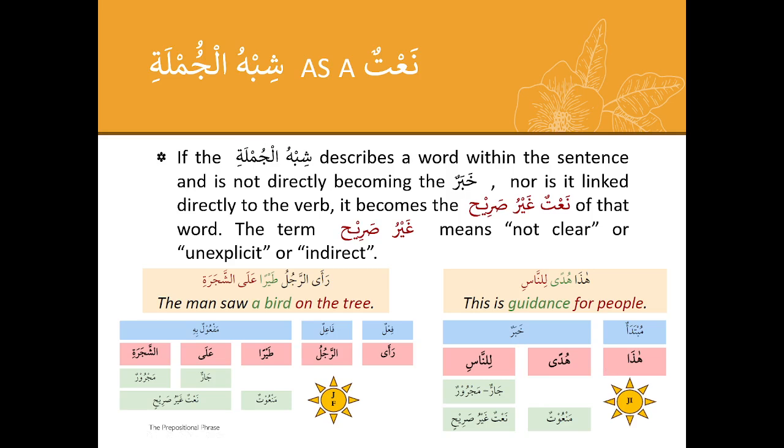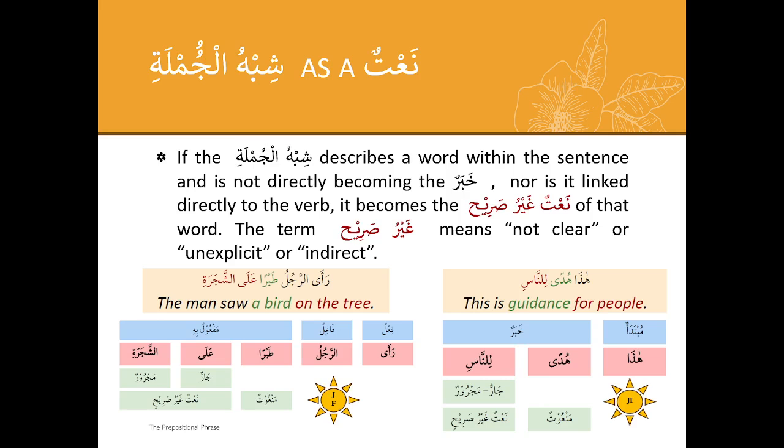Could we say, Ustada, the woman saw an aeroplane flying in the sky? No, that's like an aeroplane flying in the sky. That in itself, the Maf'ul Bihi has a Jumlah Fi'liyyah in it.